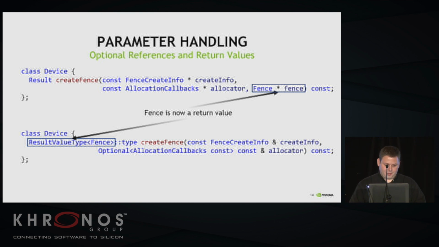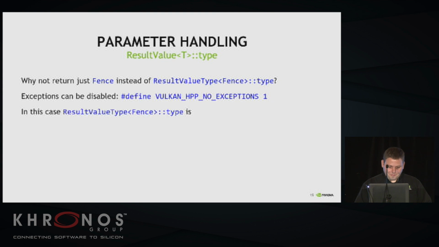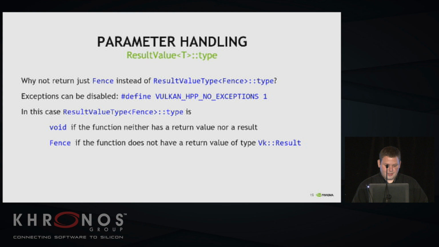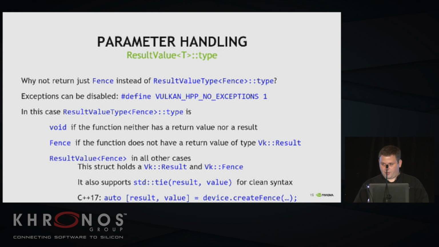So we added this nice typedef, ResultValueType. If you have exceptions enabled, we will just return the type. If you have exceptions disabled, we return void if the function doesn't have any return value at all, or return the fence if the function doesn't have a result, or finally, if there's a result and some object like the fence, we return a struct containing both values, and you can use std::tie to assign them directly to your values.